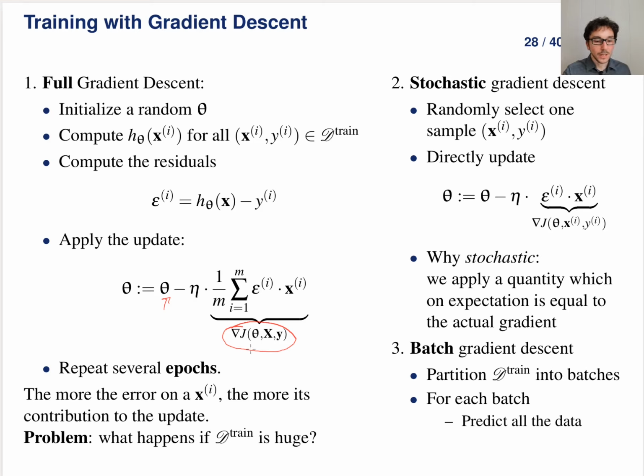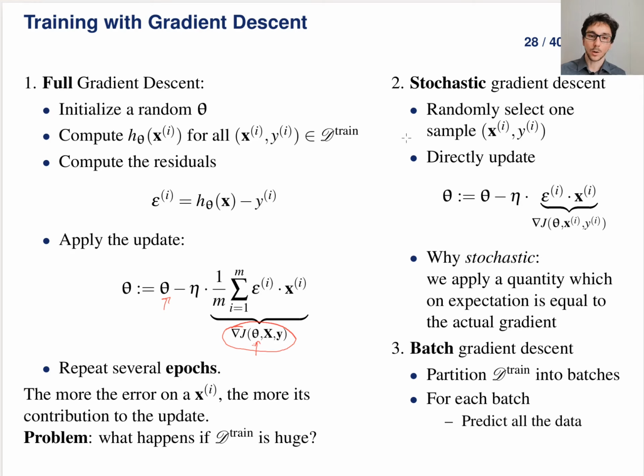The problem is that to compute the gradient, you need to compute the gradient of the loss function at each sample. So you need to travel across the entire dataset before updating your parameters. If your dataset is too big, this can be too time-consuming.